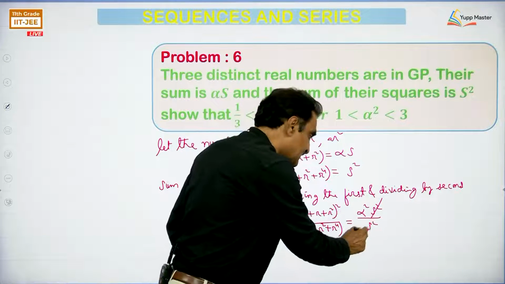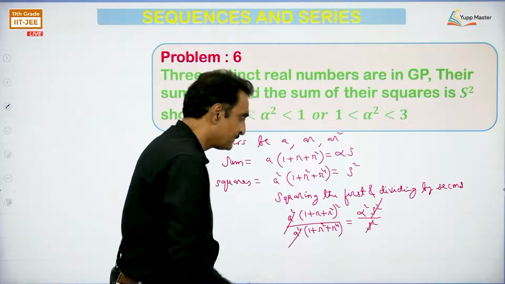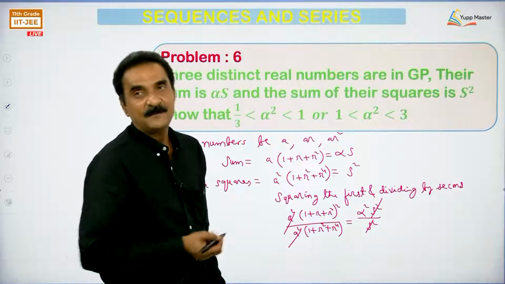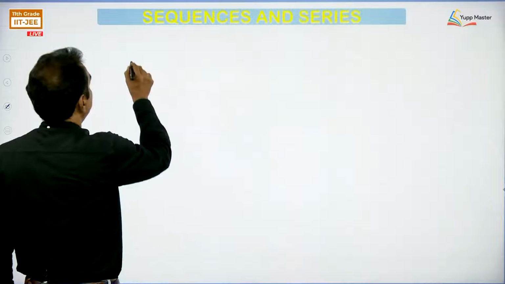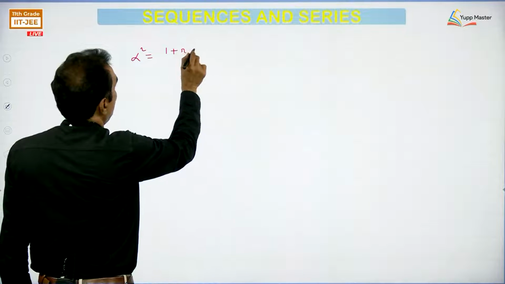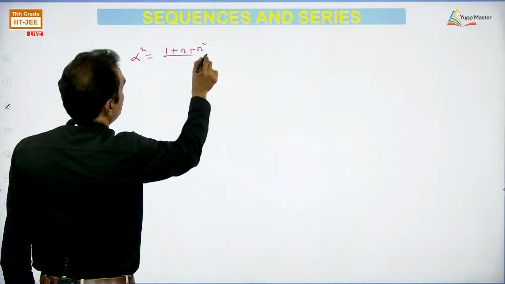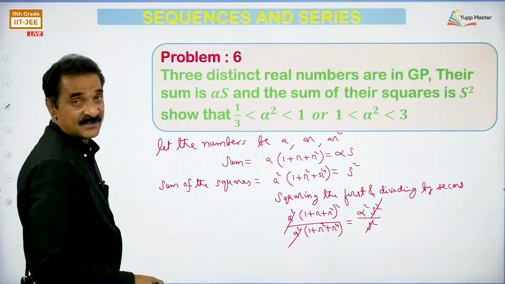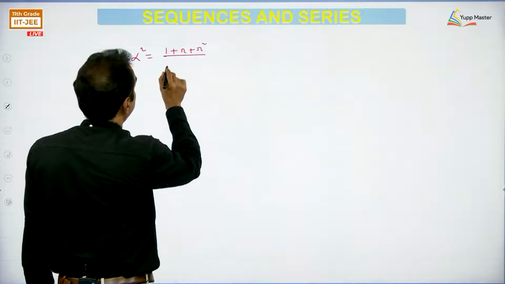Alpha square cancels, A square cancels, then alpha square is equal to 1 plus r plus r square whole square by 1 plus r square plus r power 4.